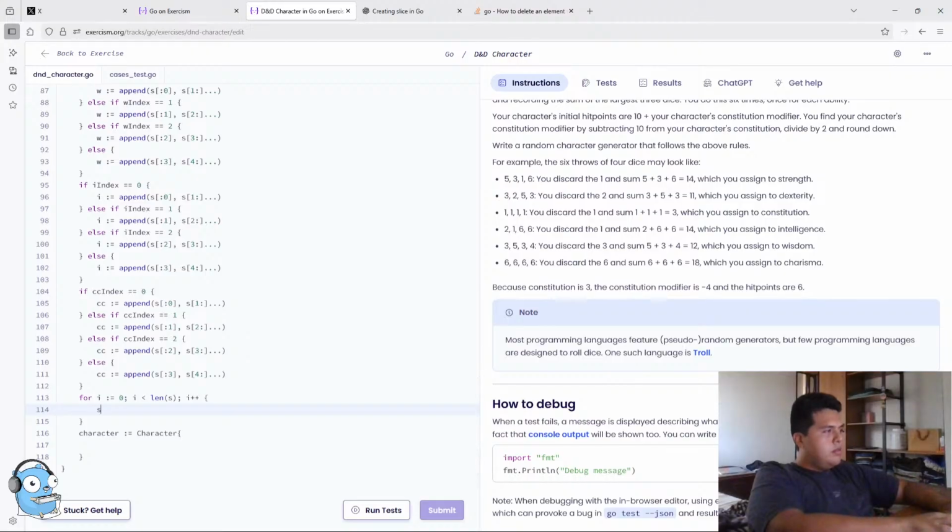S value equals to, okay, plus equals to s index. C value, the same thing.